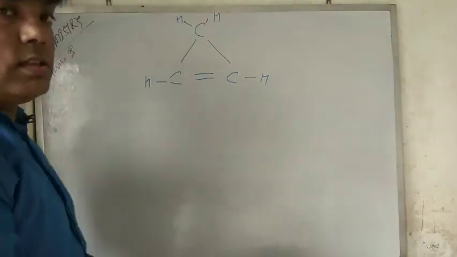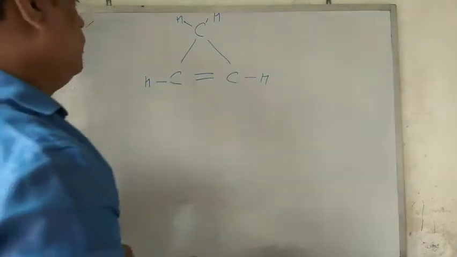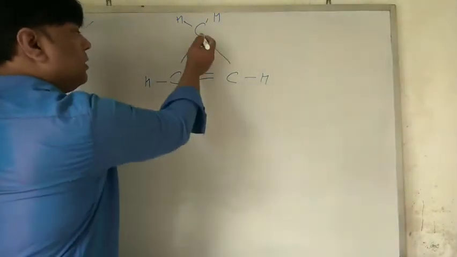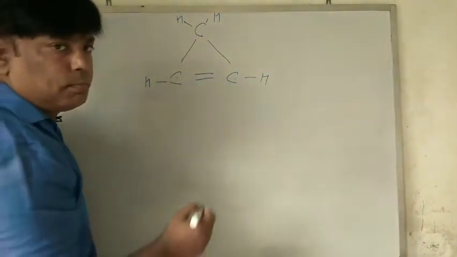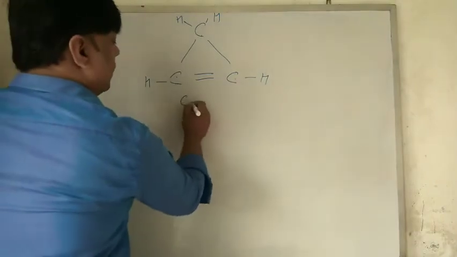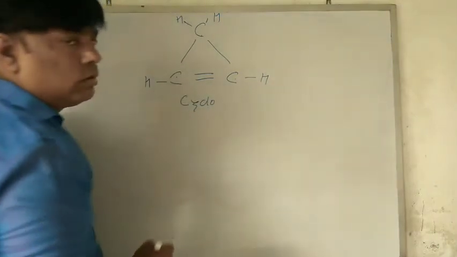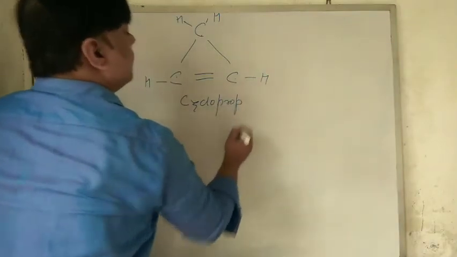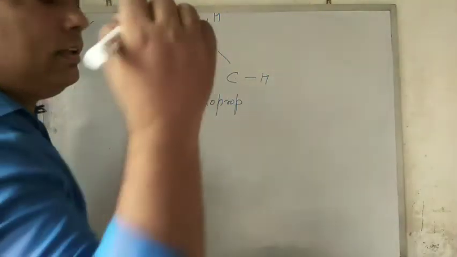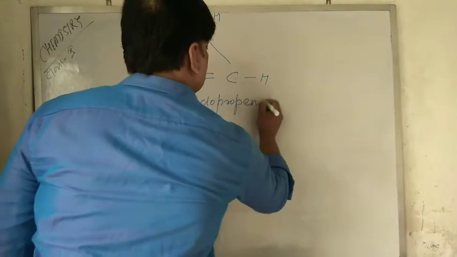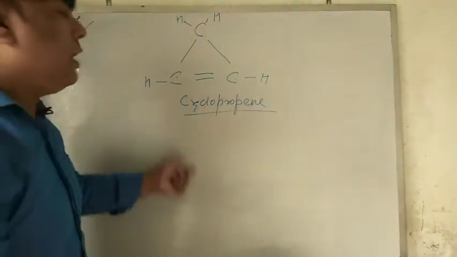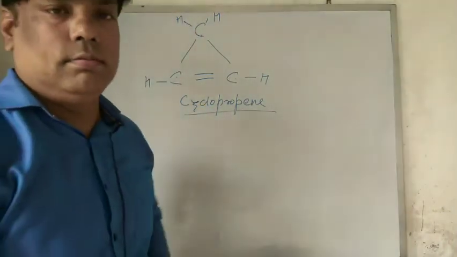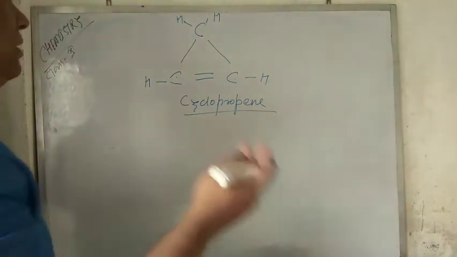And the formula is CnH2n minus 2. The number of carbons is 3: meth, eth, prop. First use cyclo, then prop. And for a double bond it's ene. So the name is cyclopropene. Right? It's so easy.